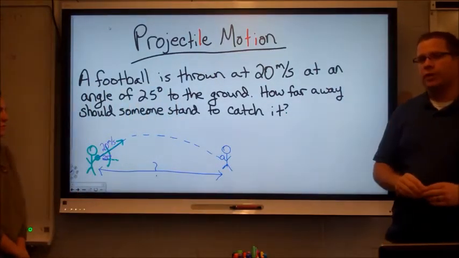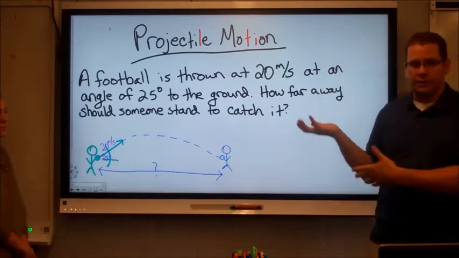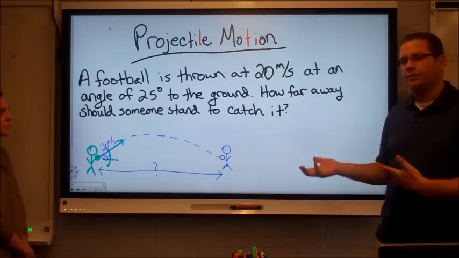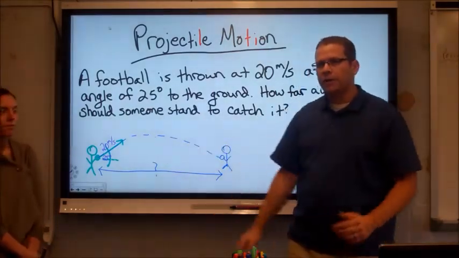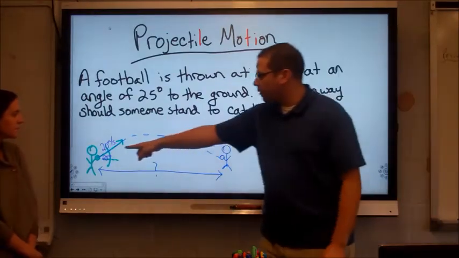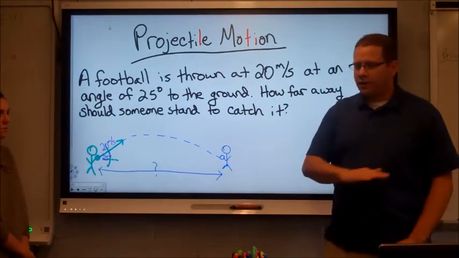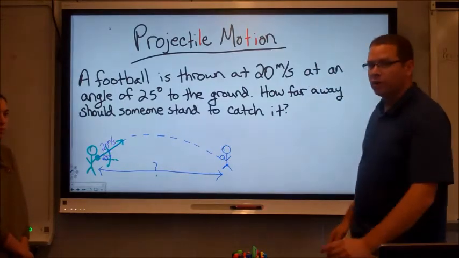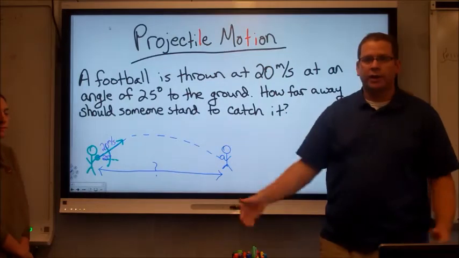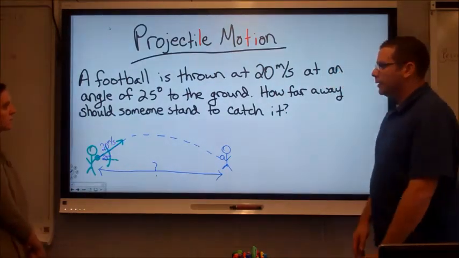The reason we want to do that is because it doesn't say anything in here about how high the person is at catching it, and it doesn't say that it hits the ground, and we don't want to have to worry about how high it was thrown from. So we can say that this ball was thrown from this height and returns to this height. Technically, that could also be the ground. You picture a soccer ball being kicked off the ground and then returning to the ground, it would be the same problem. We're just not worried about this height here.